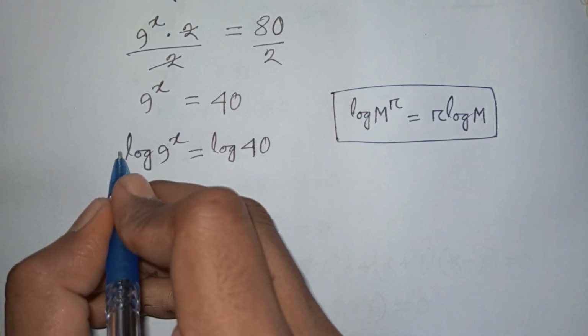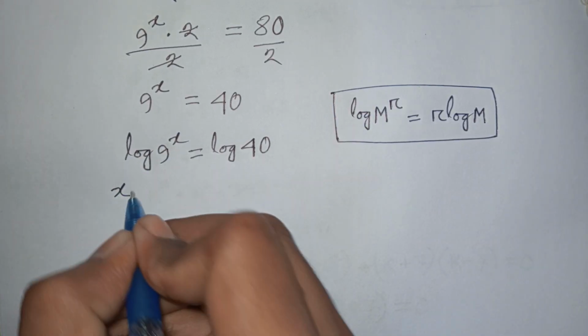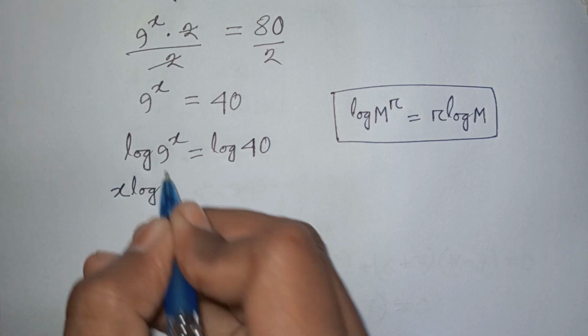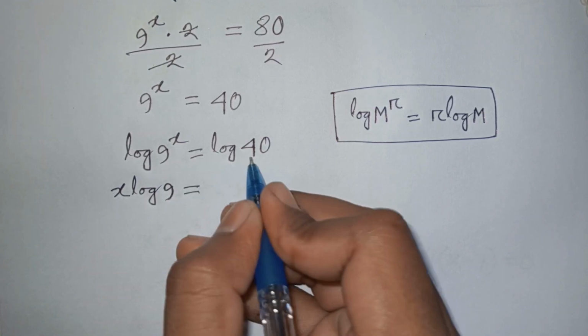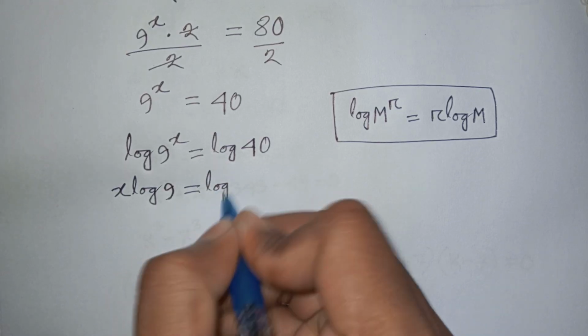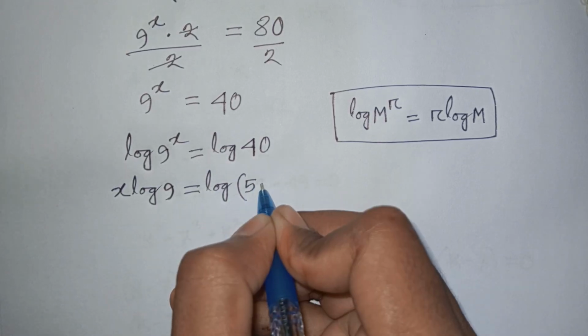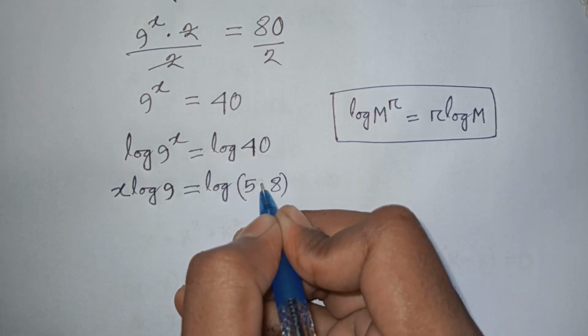So this power x will move to the base, so it will be x log 9 is equal to log of 40 can be written as log of 5 times 8.